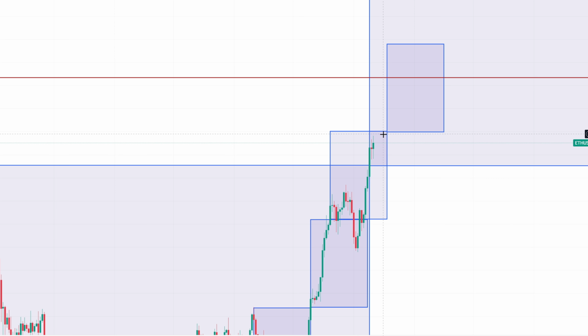This gives me the potential idea that we would do something like this, maybe then here a false break, and then we will do our bigger correction, and then potentially we are doing the retest of the breakout level that we had right here.